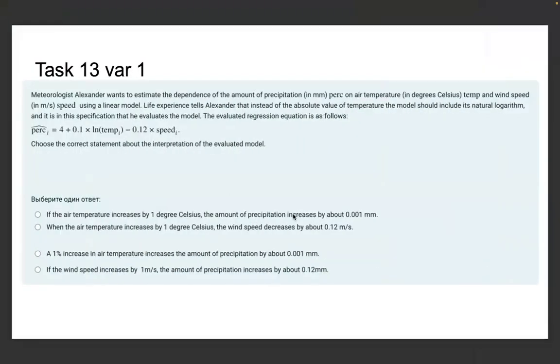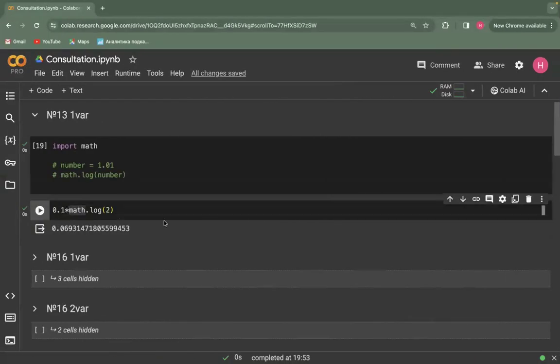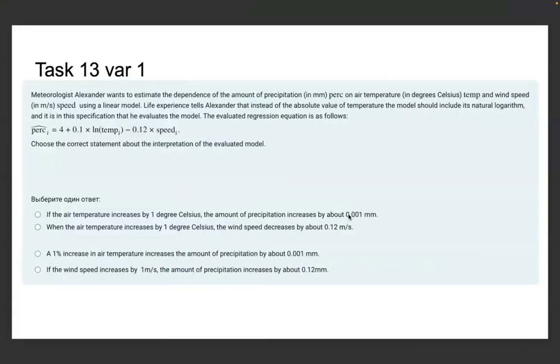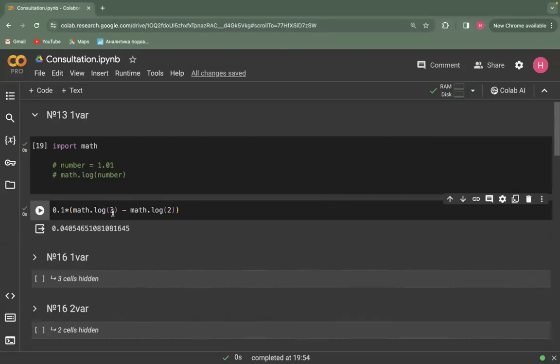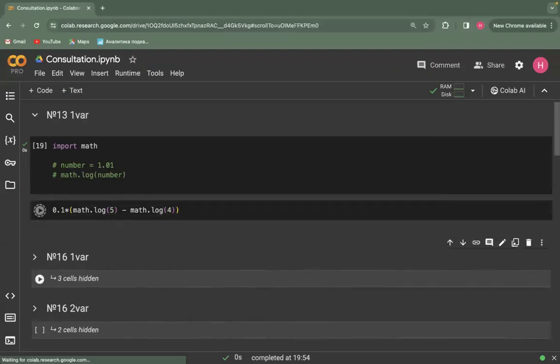So let's check for the increase. If we increase the temperature, we can check it like this: we take the previous value, for example 2 again, and take it increased by 1, so it will be the logarithm of 3, and we can just run this program and see that it isn't 0.001, but it is much better to check other values, for example 5 and 4.